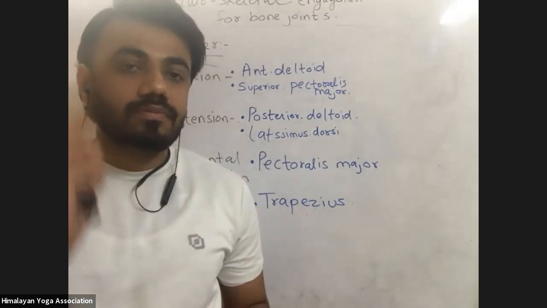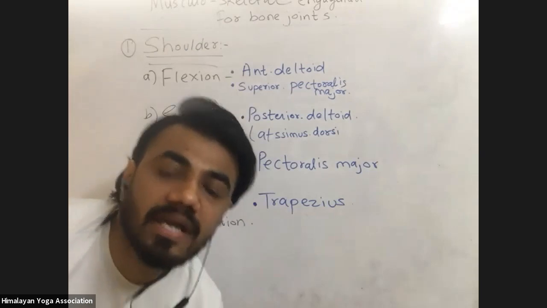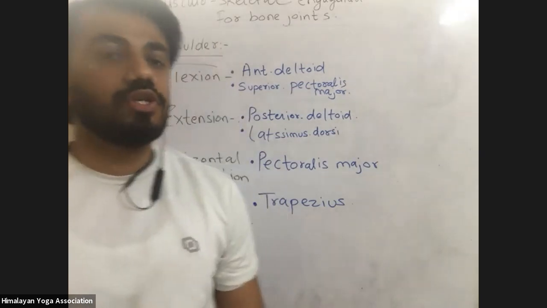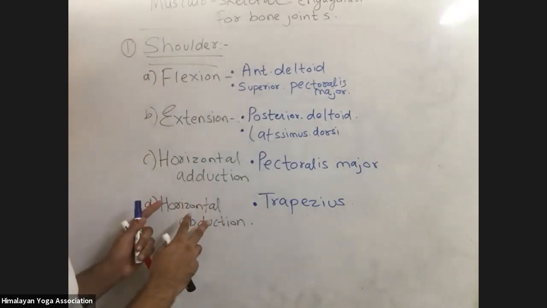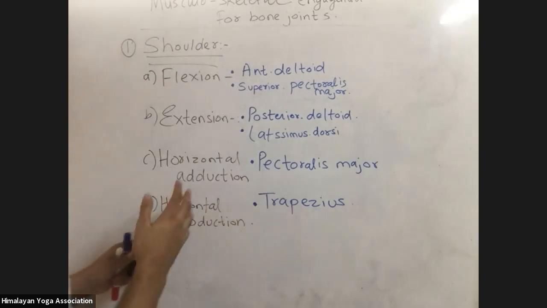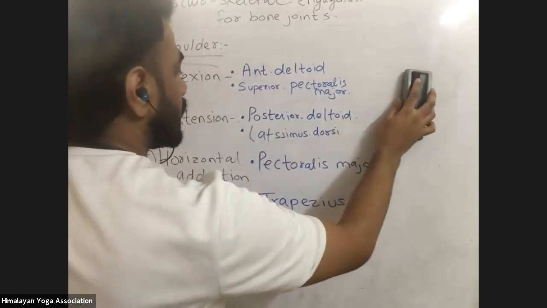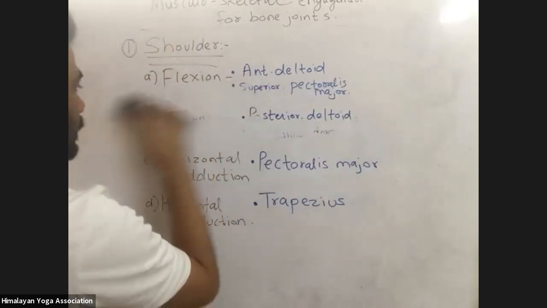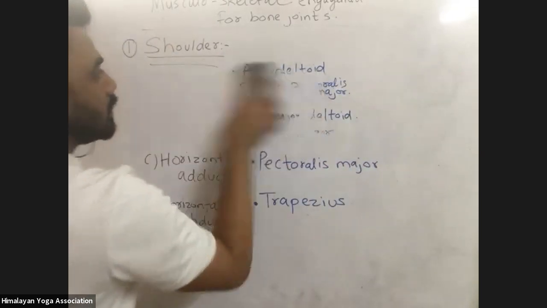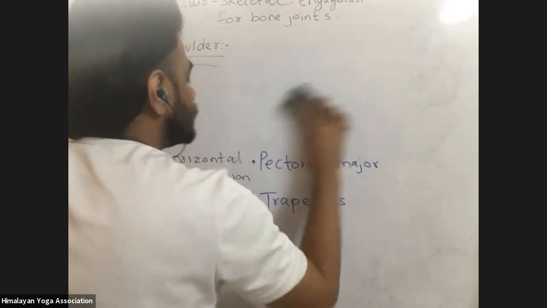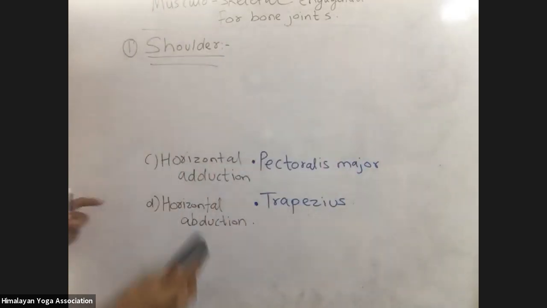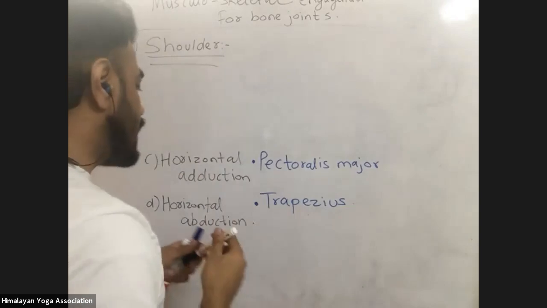Now we have abduction and adduction, not horizontal, but in general. So I will erase the upper part and I will write here only. This first two I will erase and we'll write the number 5th, abduction and adduction.